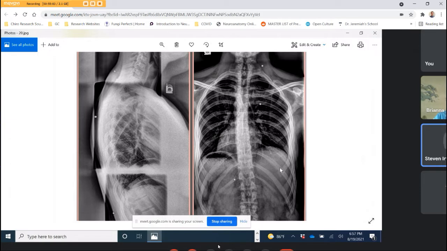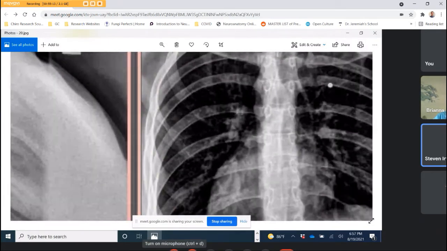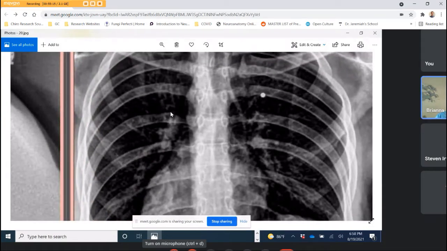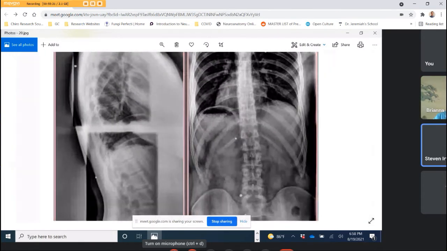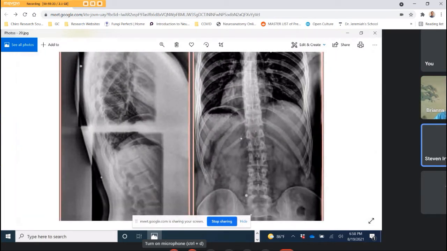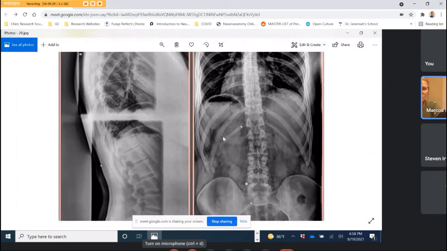Like you kind of see right around the middle, it just kind of looks like those ribs go in a little bit more. You mean the way they're curving around? No, like more lateral. I don't know if it's just the angle. Could be the anterior part of the rib too.